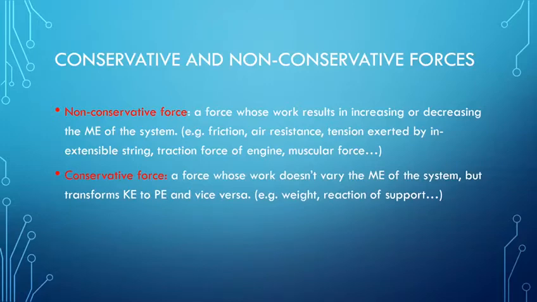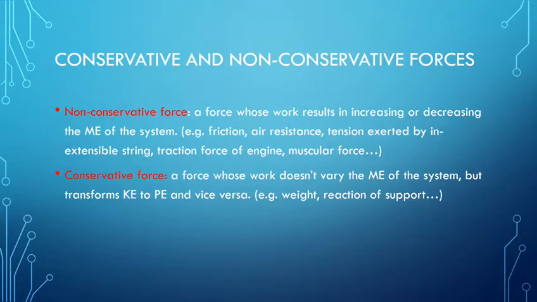A non-conservative force is the force whose work affects the mechanical energy of the system. So for example, if we have a body in motion and then there is friction present, the mechanical energy of the system decreases over time.